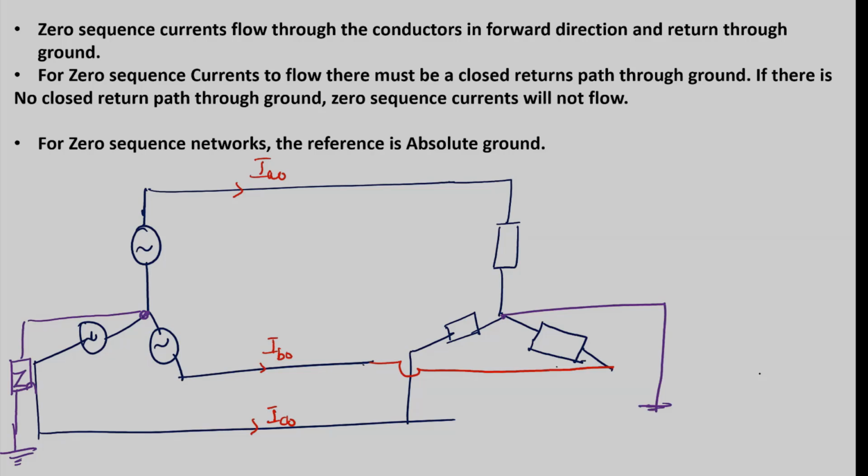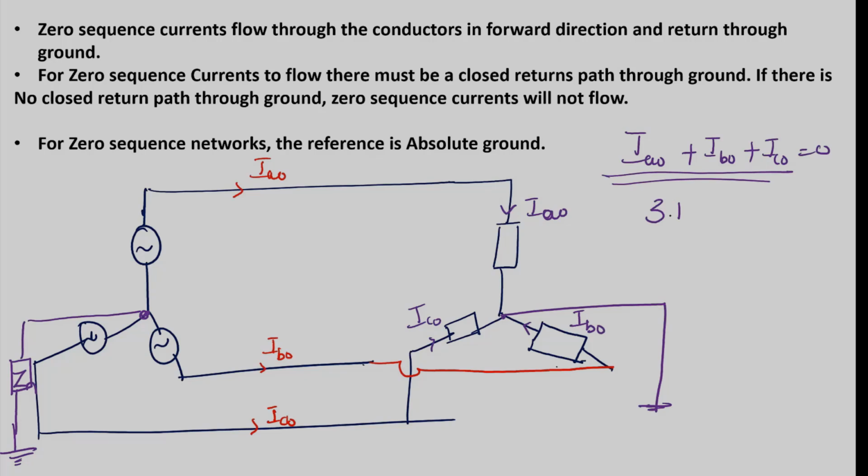So these three currents, IA naught, IB naught, IC naught, once they reach here, the phasor sum of IA naught plus IB naught plus IC naught is not zero. Why? Because they are the same phase, same magnitude. The sum is 3 IA naught.